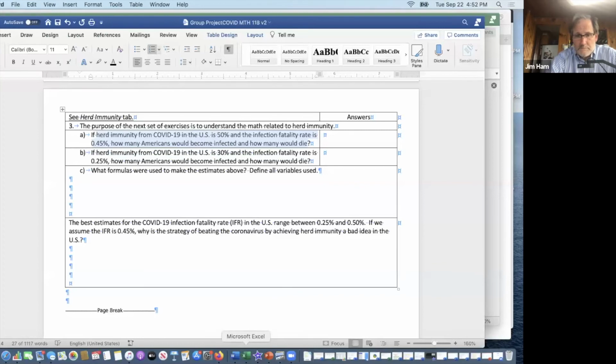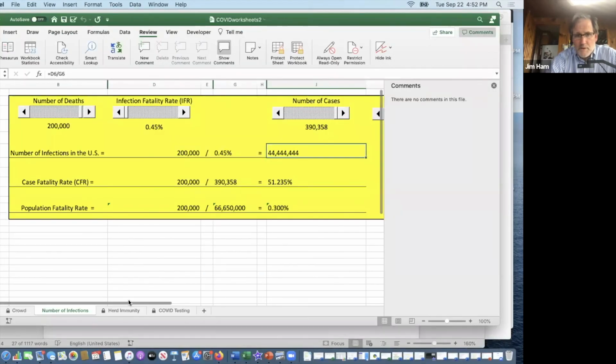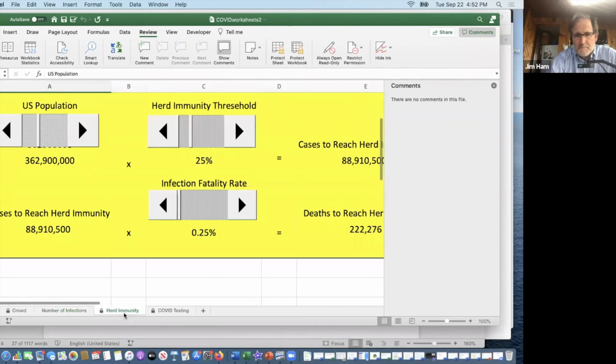So we're going to go down to the herd immunity. The US population is, I ask you to indicate, about 331 million, so I'll just get close to that. I'll say 328 million. That's the US population in this project. I ask you to look up that number.